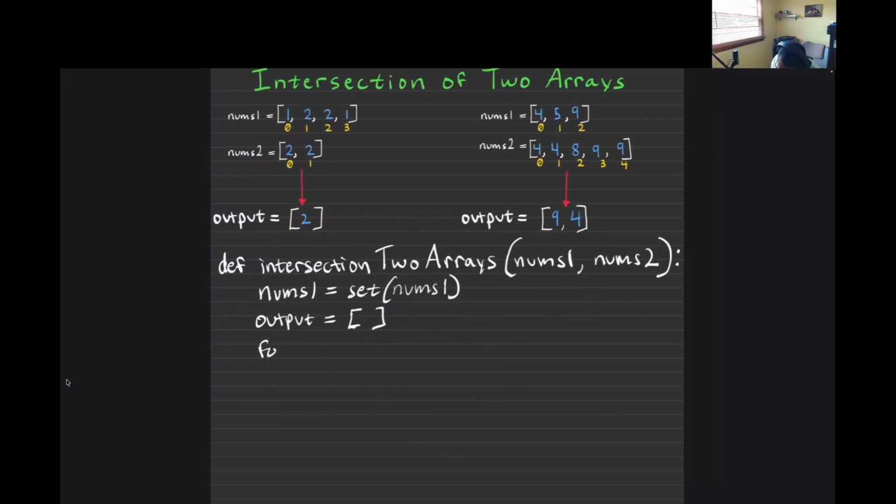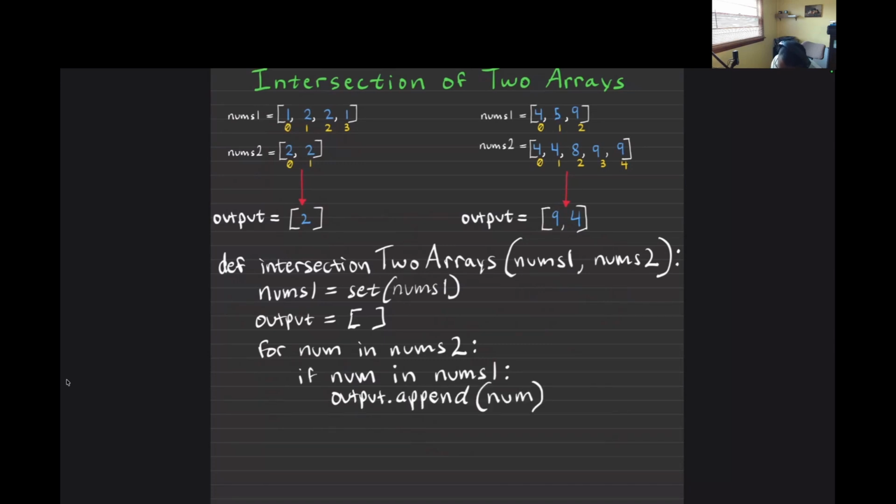And now for num in nums2, if the num is in our nums1, the set, right? Then we're gonna say output append that num, all right? And then we're gonna say nums1 remove that num, right? Okay, and then finally, we'll just return the output.